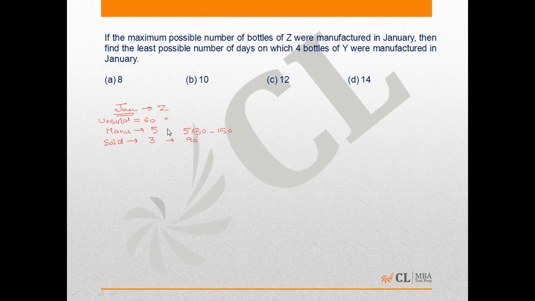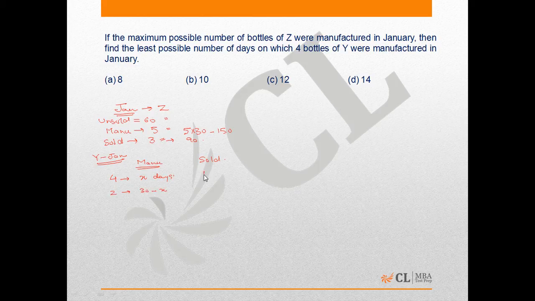Now manufactured 5 and sold 3 is already used, so it cannot be used for Y in the month of January. So looking at this for Y in the month of January, let us assume that 4 bottles of Y were manufactured on X days and 2 on 30 minus X days.